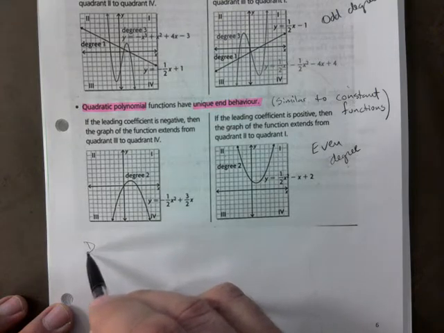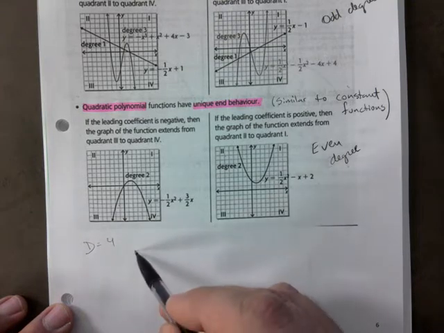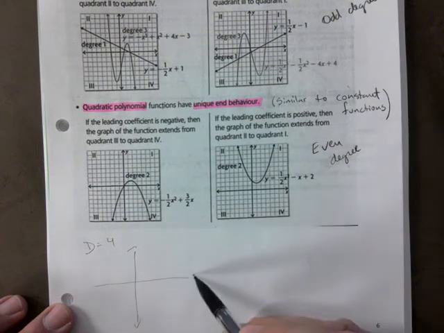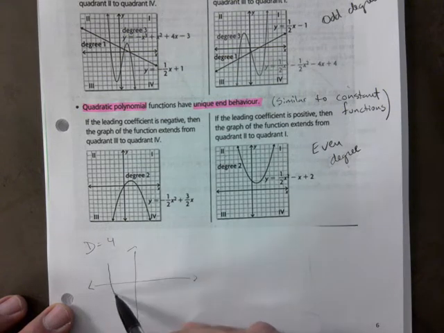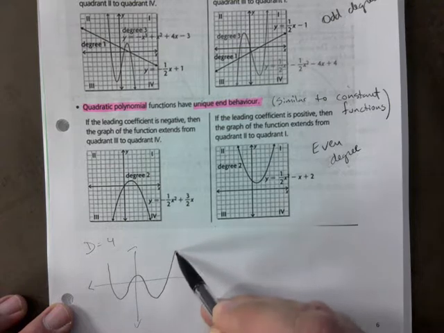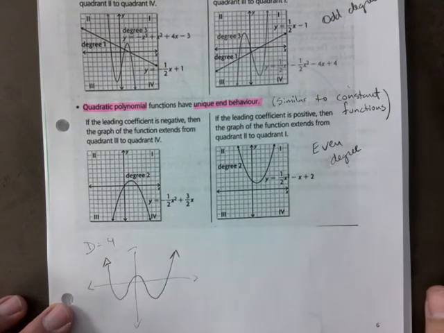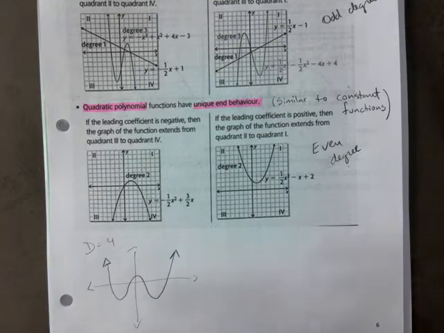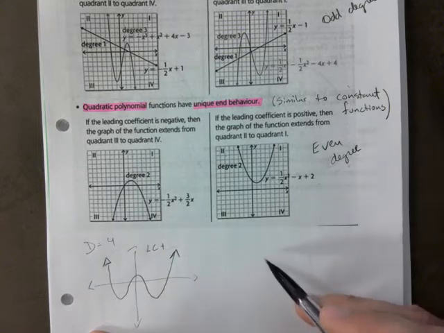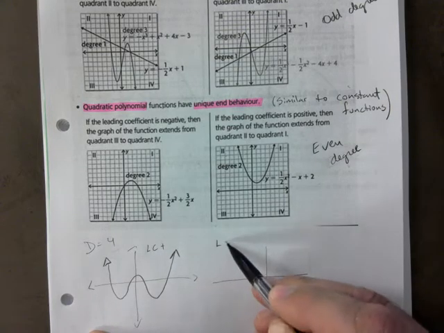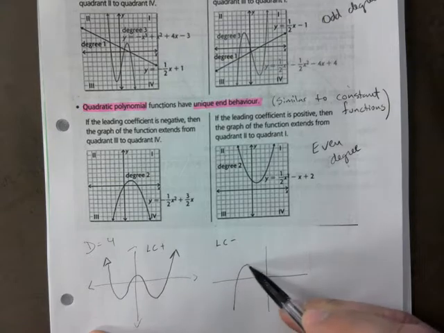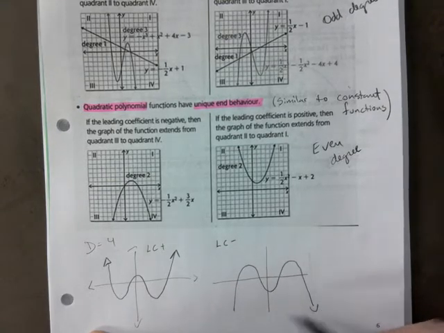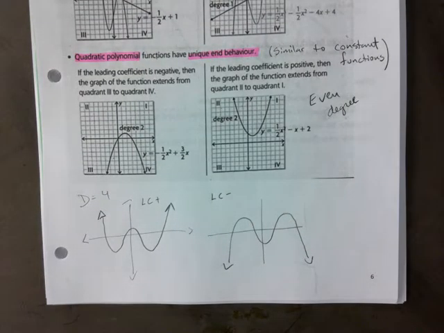If you had a degree of 4, you don't have to write this down necessarily, but the graph, depending on various things, kind of looks like this. It's like a W. It can obviously vary, but it has the same end behavior. So if this would be a leading coefficient that's positive, if you had a leading coefficient that's negative, it would look like this. So the end behavior is still the same as a quadratic because it's even, right?